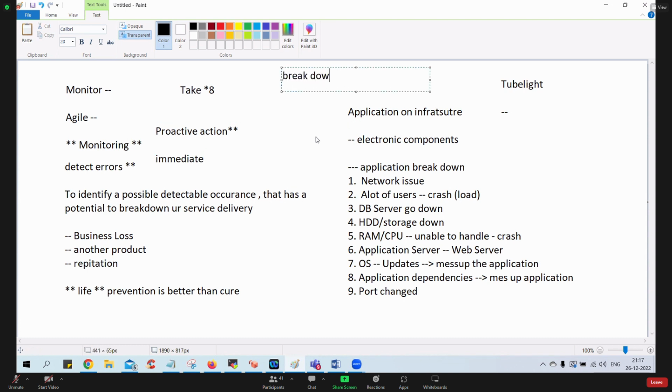Do you agree? You can minimize the downtime, guys. Definitely. If you're proactive enough and something funny is happening, you take immediate action, then technically you avoided a downtime. Got it now? So that is the agenda of monitoring.